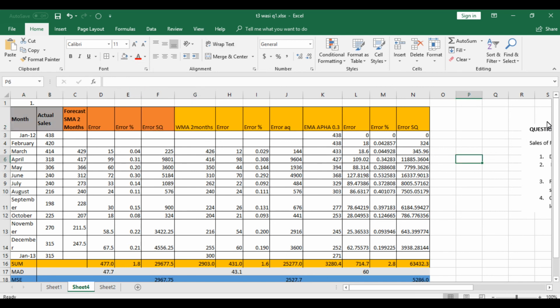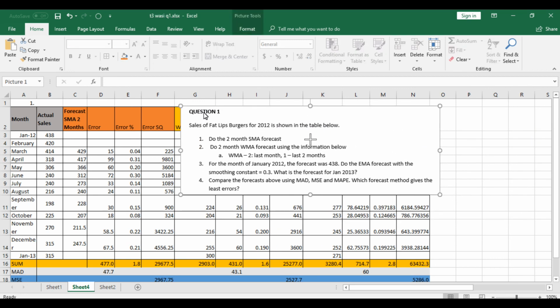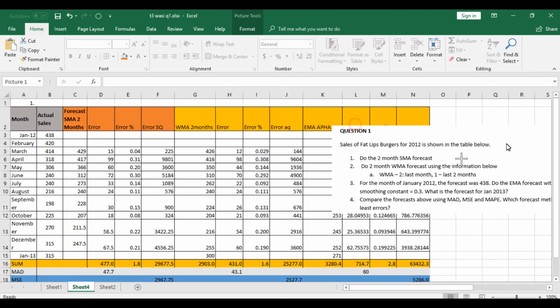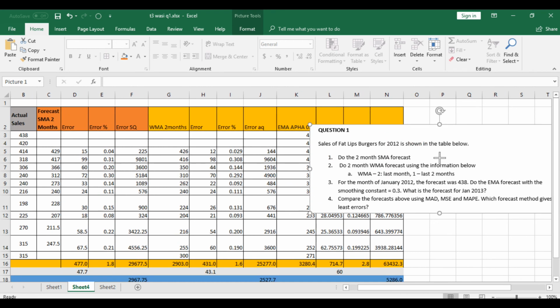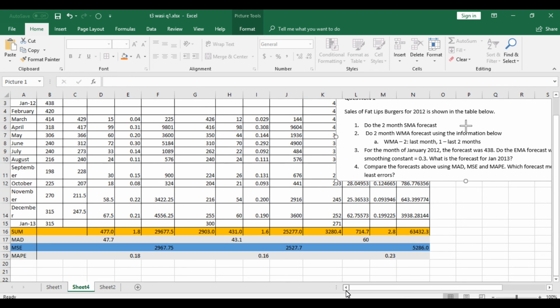Just to look at the question, what is the requirement for the last part? Compare the forecast above using MAD, MSE and MAPE, which we already calculated. Which forecast method gives the least error? So we have to look at the MSE and which one is giving us the least error.